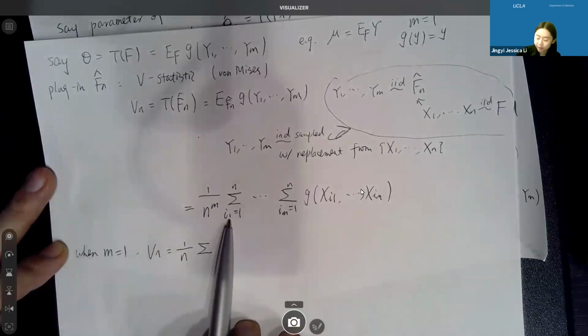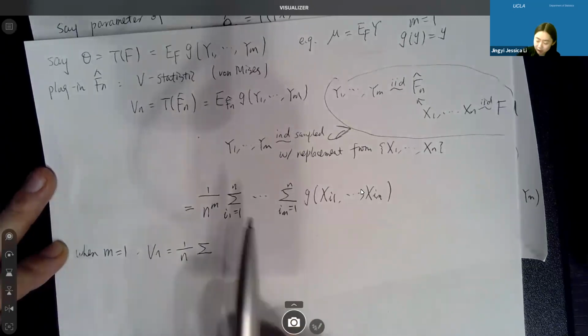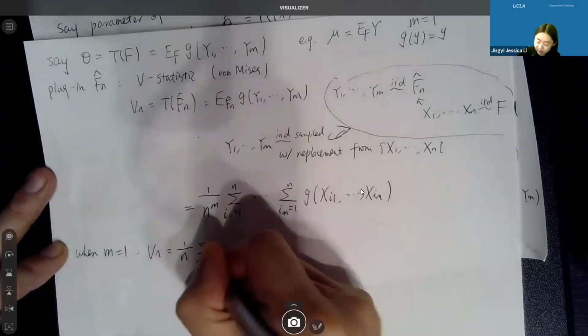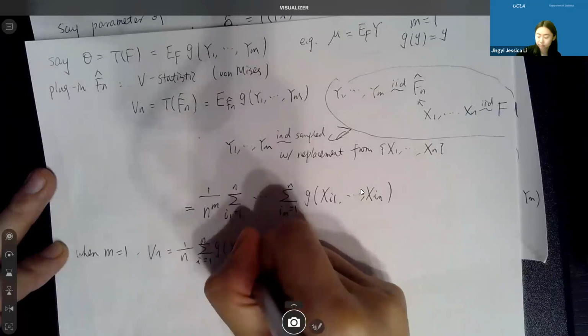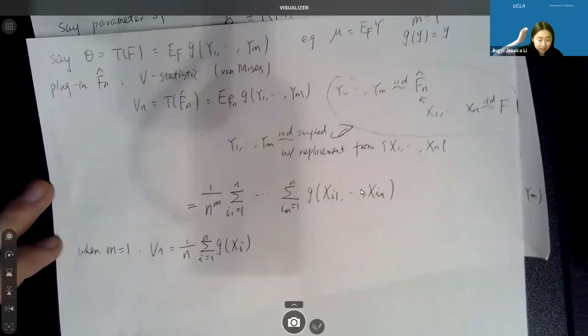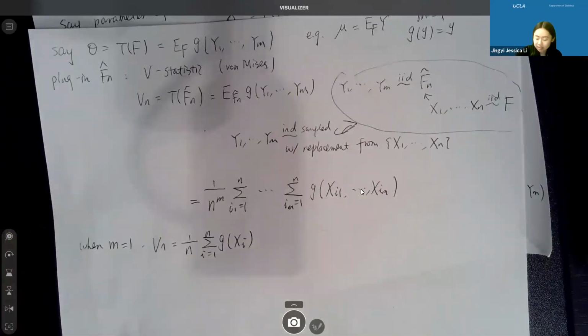I don't need the subscript 1 for the specification. I just say i from 1 to n, g of x_i. So in this case, this is the estimator.